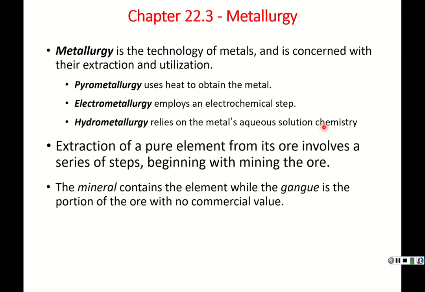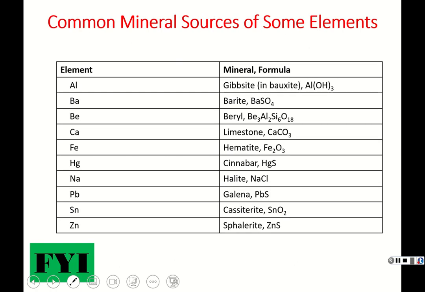Extraction of a pure element from its ore involves a series of steps, beginning with first obtaining that ore via mining. The mineral contains the element, while what's known as the gangue is the portion of the ore with no commercial value. All right, so here are some common mineral sources of elements.